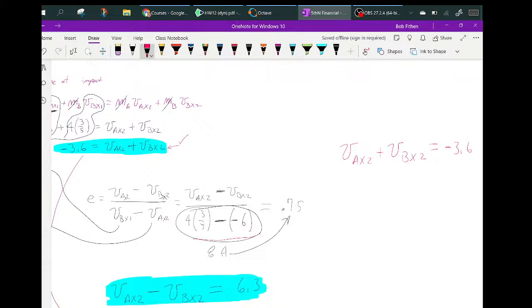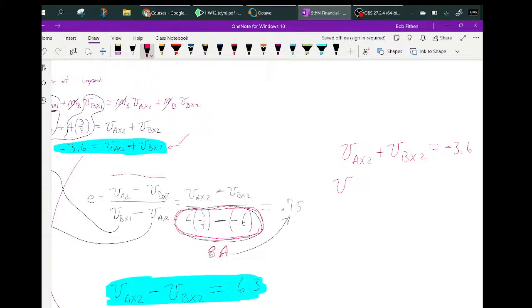So again, this on the bottom is the initial. It did not change. However, this is 8.4. The new equation is this.